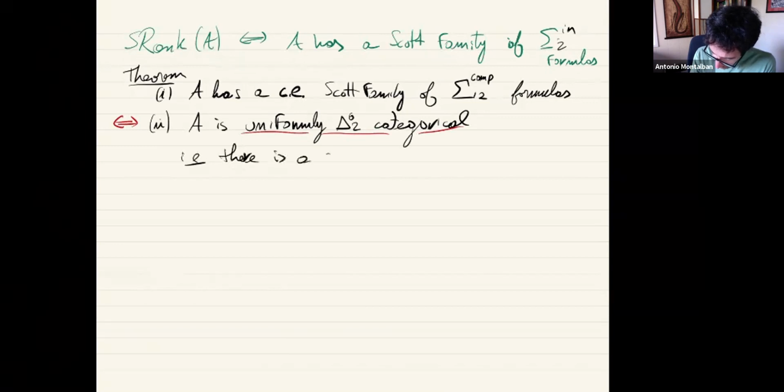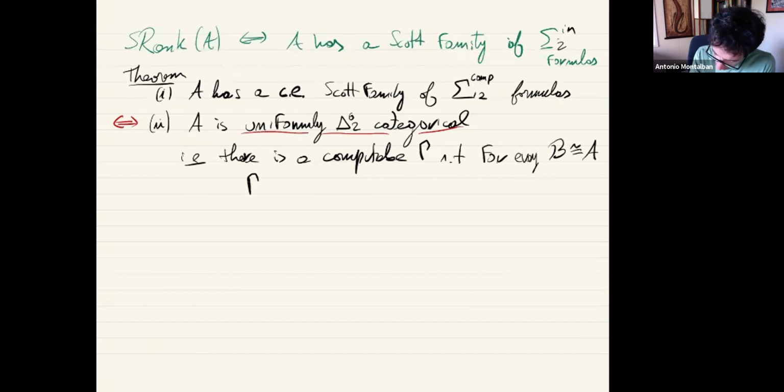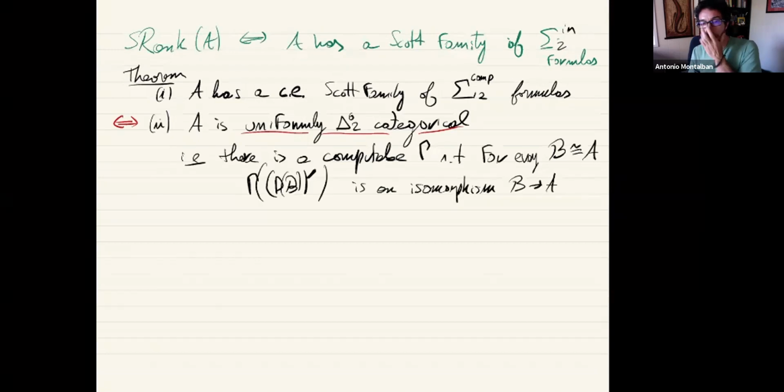There is a computable gamma such that for every B that is isomorphic to A, when you apply gamma to the jump of the diagram of B, you get an isomorphism.